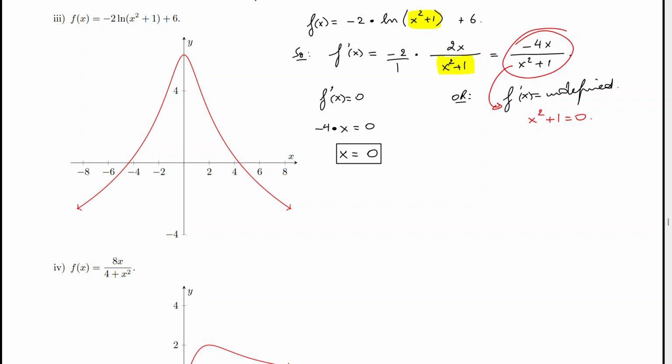But in this problem, saying that the denominator is equal to 0 is equivalent to saying that x squared has to be negative 1, and this does not have a real solution. In fact, it may have some imaginary numbers. If you know about imaginary numbers or complex numbers, actually the answers are going to be plus or minus i. But in this course, we don't care about imaginary numbers. We only care about real numbers. So that's the reason why I'm writing no real solution.